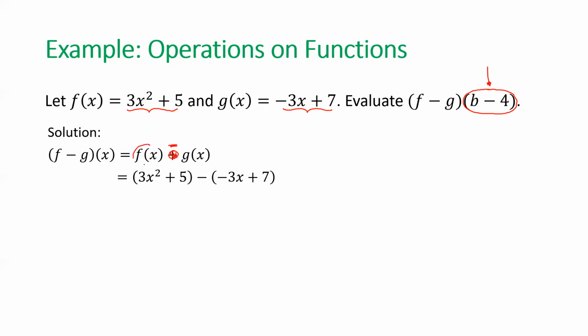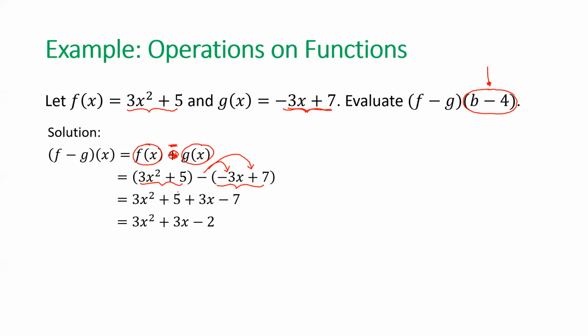So plugging in f of x, which is 3x squared plus 5 here, and then g of x will be replaced by negative 3x plus 7. And then distributing the negative sign here, we get 3x squared plus 5, and then plus 3x, and then minus 7. So adding like terms here, we get 3x squared plus 3x minus 2.